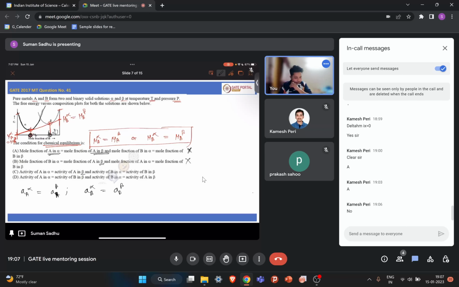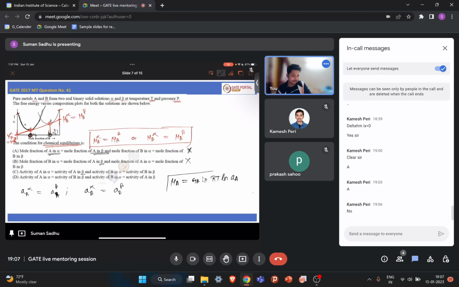So how are chemical potential and activity related? Does anyone know that? Mu A is equal to G A plus RT ln activity, right?